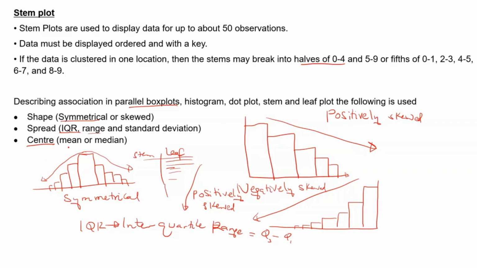For the center, we use the median if the data is skewed. So we use those three: shape, spread, and center. When the data is skewed, you use the median. Or if the data has an outlier, use the median.